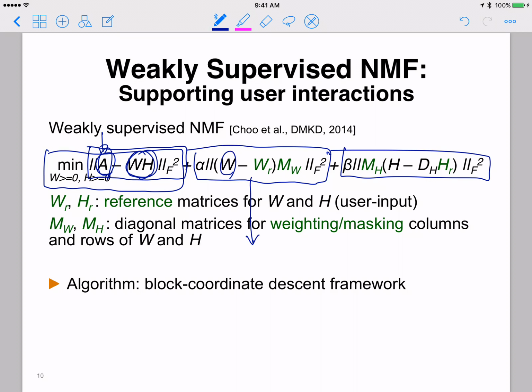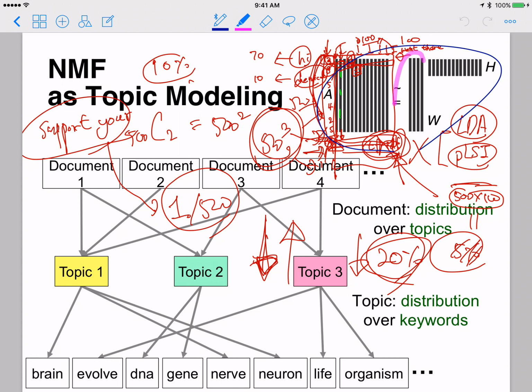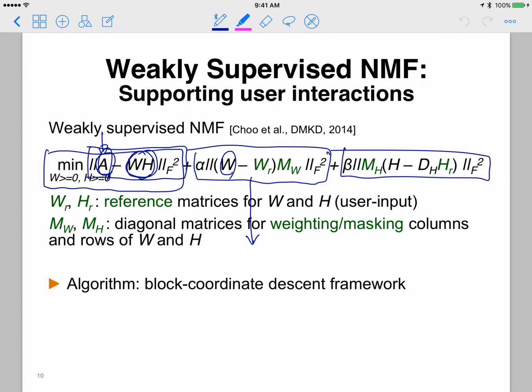So we have W, which represents these virtual documents. Virtual documents are one set of variables that we want to compute from our topic modeling. But suppose you want to make this output matrix W similar to some additional matrix that we call the W reference matrix.